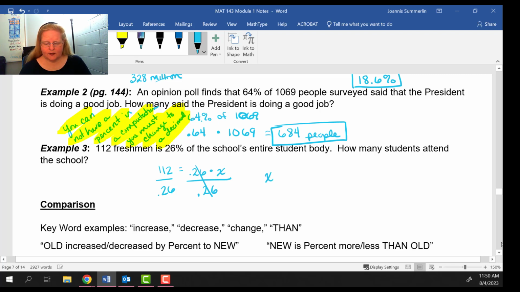And X is going to equal 430.77. You don't want a 0.77 kid. That's not nice. It's not politically correct. Or 431 students. Let's be nice.